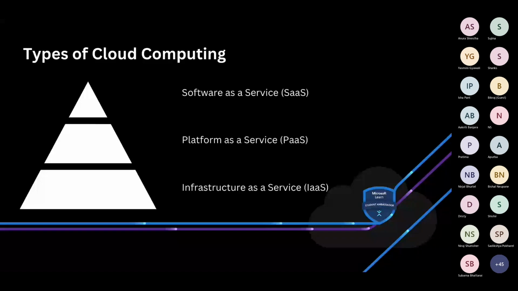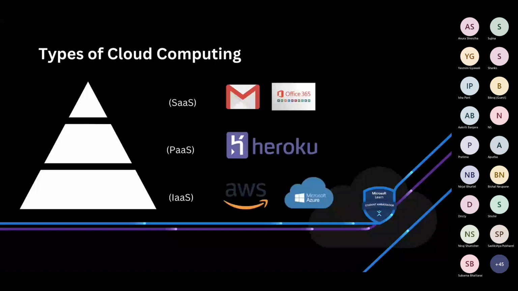Just like, for example, mail. Okay, Office 365, everything is so easily available to us. You can even take Google Drive, etc. So these are software as a service cloud computing, in which the user does not have to do a lot, because everything is provided. You just have data and access that you need to follow through.